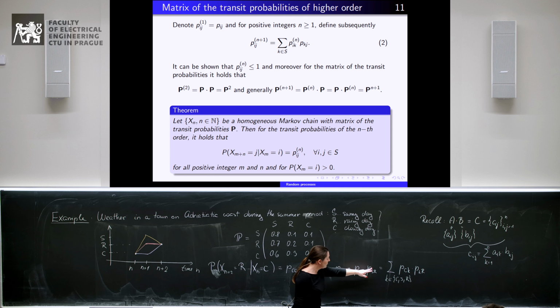It means that this product is nothing other than the product which gives us the elements of the product of two matrices.